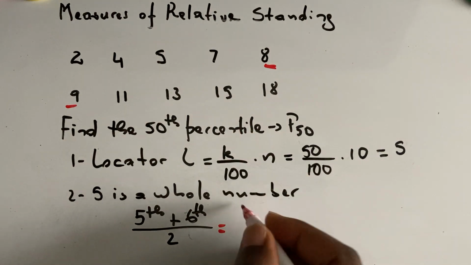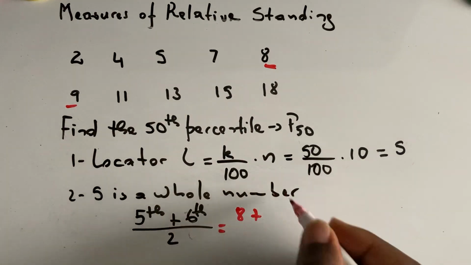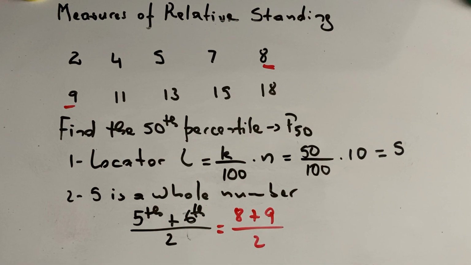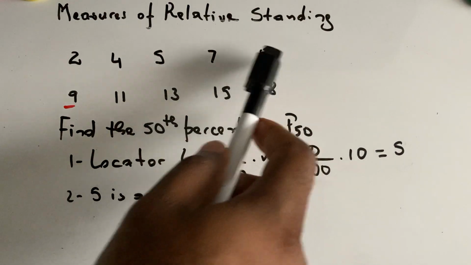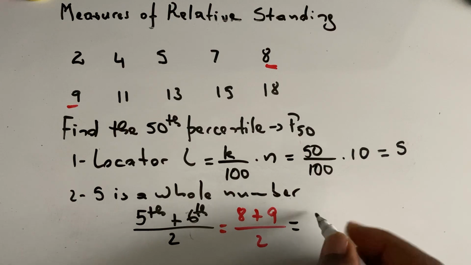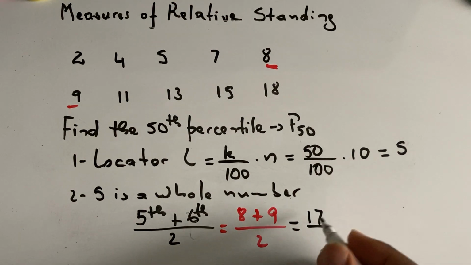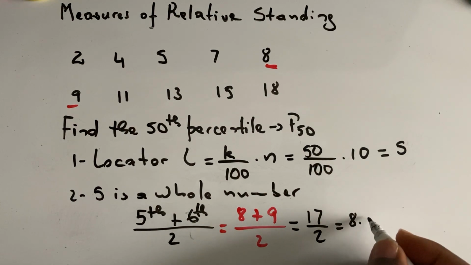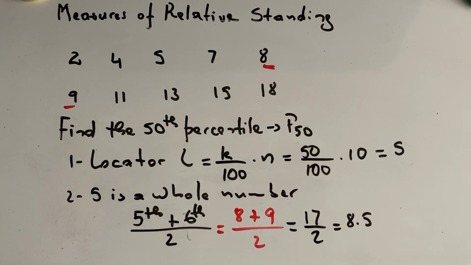So the fifth, 8, plus the next, 9, divided by 2, because you're trying to get the value midway between the fifth and the 6th, since it's a whole number. So this will be 17 divided by 2, which is 8.5. That means the value you need is 8.5.